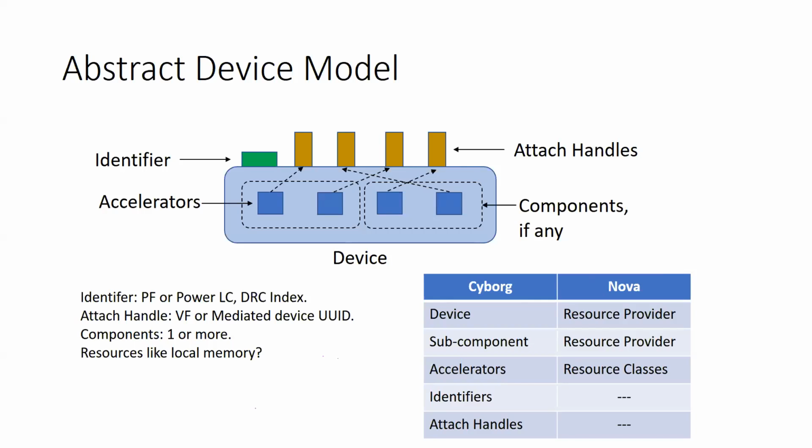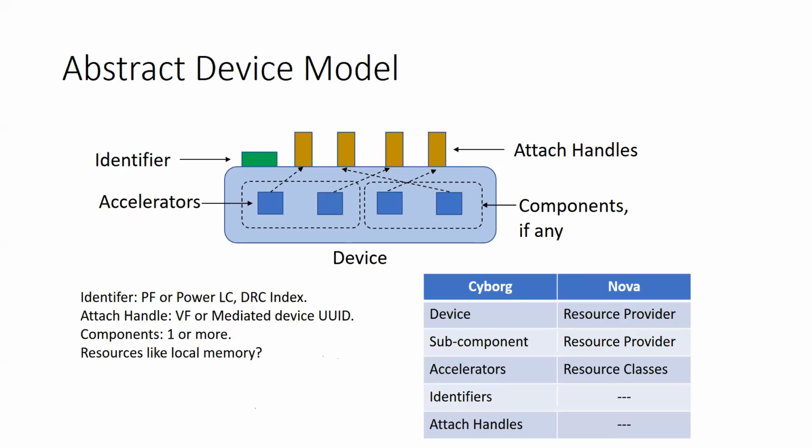So if we have an explicit representation of the model saying we are going to represent the device level component with some resource provider, subcomponents with some resource provider, accelerators as resource classes, and so on, and if that is explicit in our model, in the database and everywhere else, it will make it easy to translate back and forth.